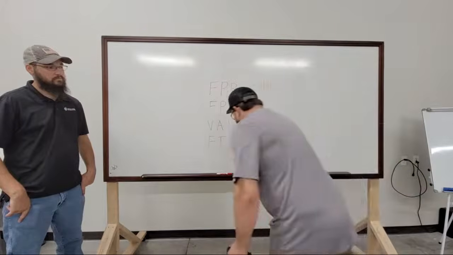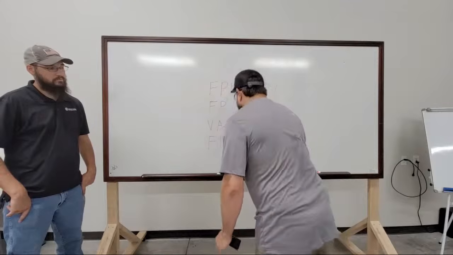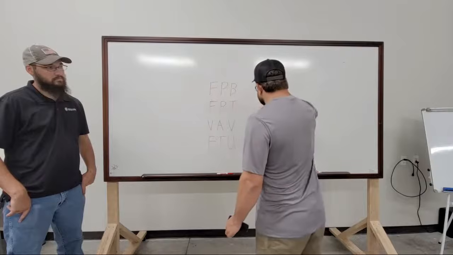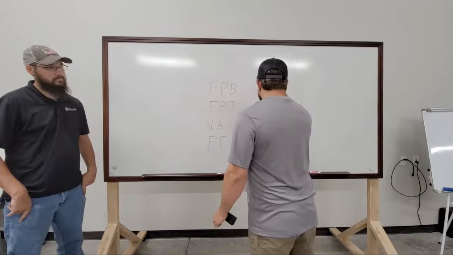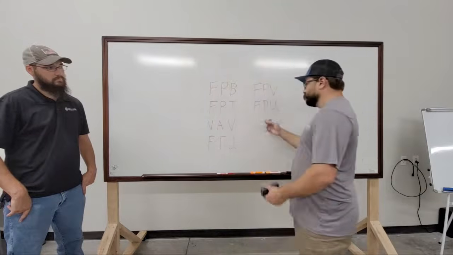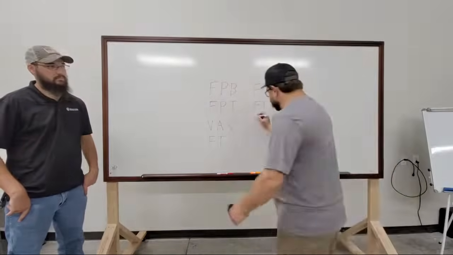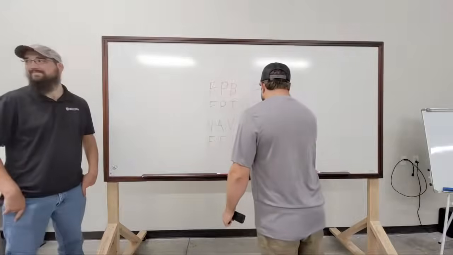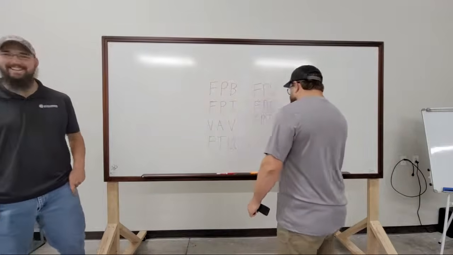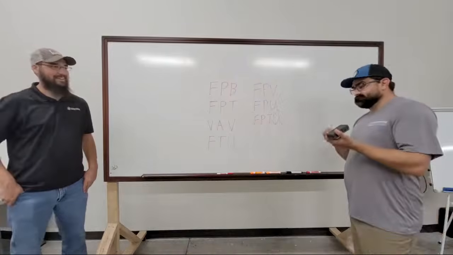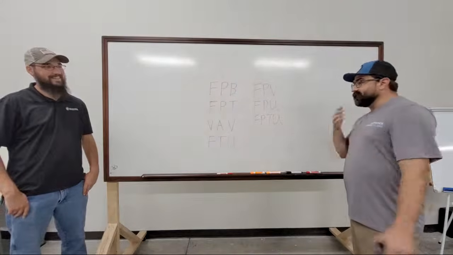I've heard them called FTUs. FPU for fan powered unit. Yeah, FPTU. I was working in a building today. They're all FPTUs. It's just what the engineer decided to call them that day.